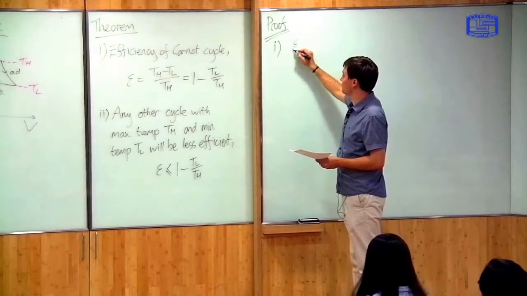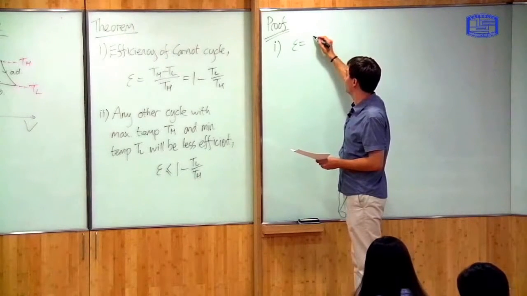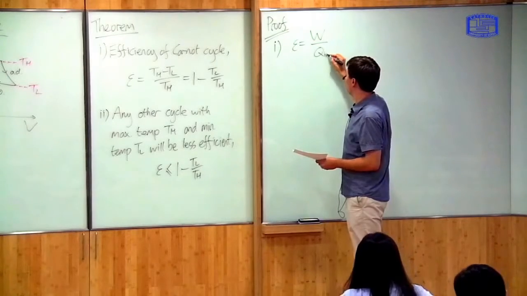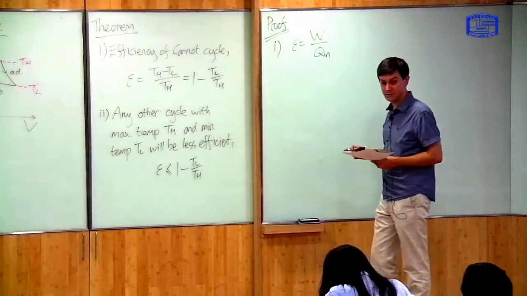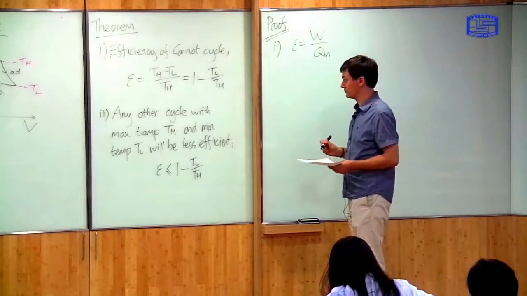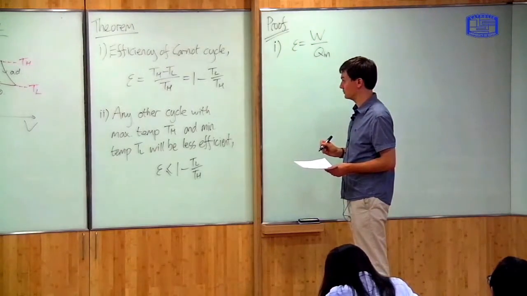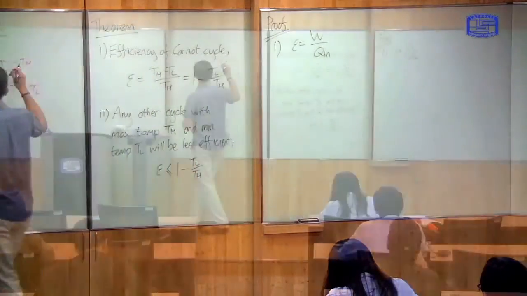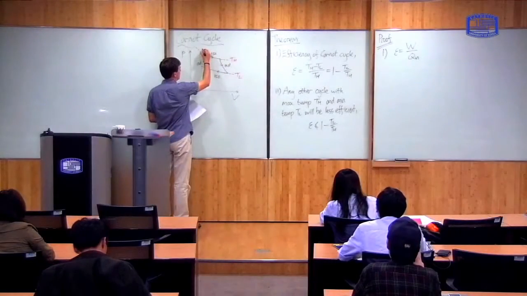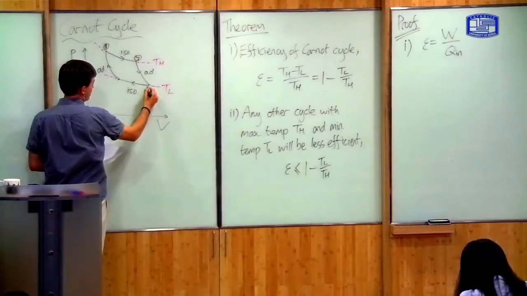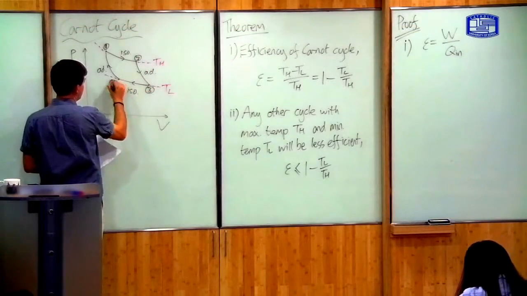The efficiency is equal to the work done in the cycle divided by the heat which went in. In order to do this, I'm going to have to label this diagram a bit more. Let's call this point 1, this point 2, this point 3, this point 4.